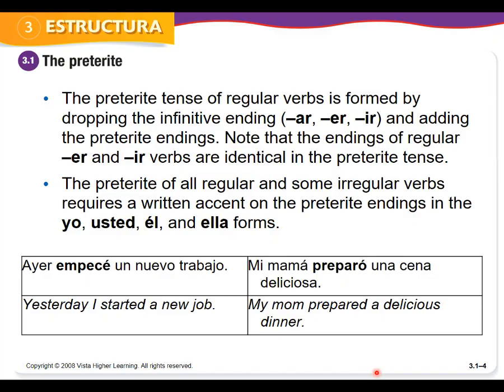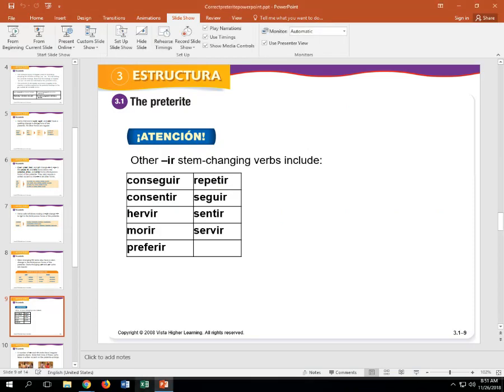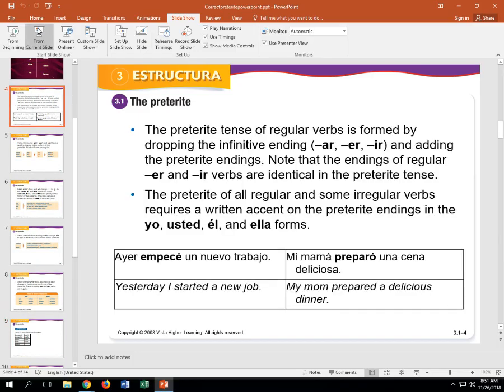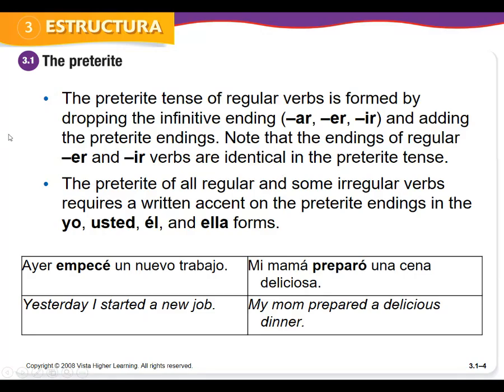Sorry guys, I'm sitting here trying to, all right. In the present tense, the yo form would be preparo. Yo preparo. Sorry, that should not be there. Yo preparo.